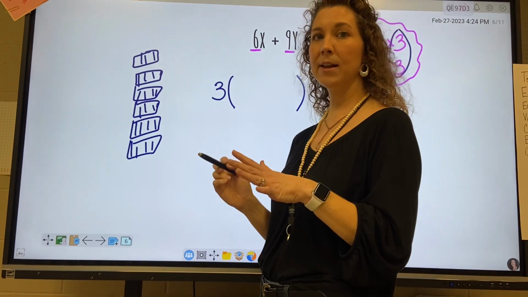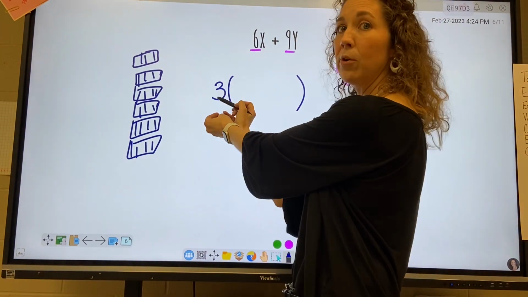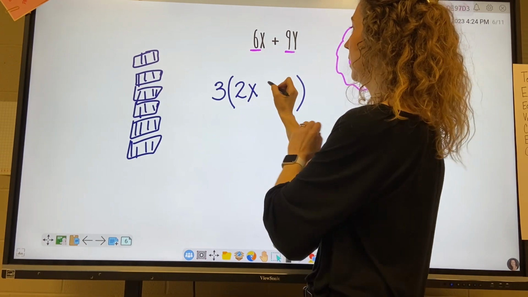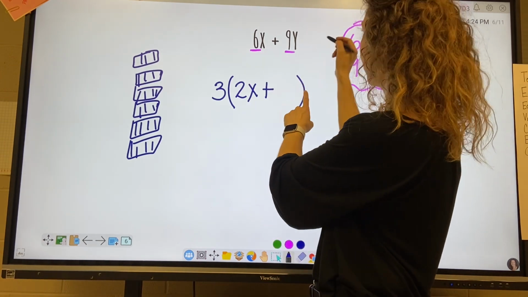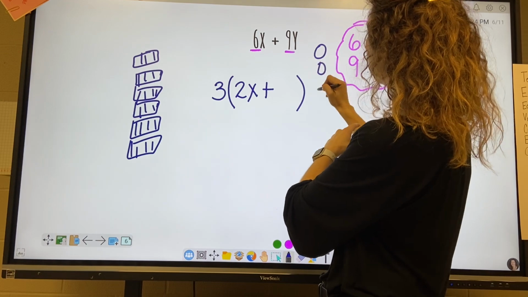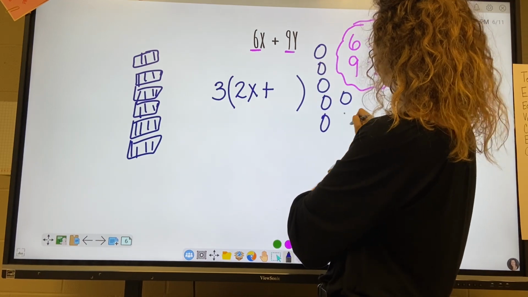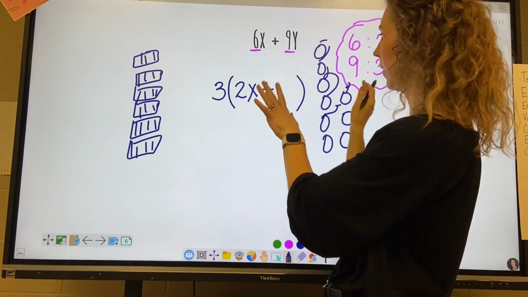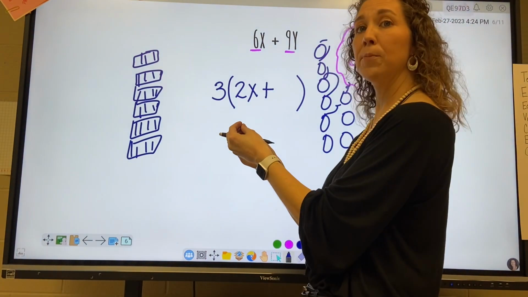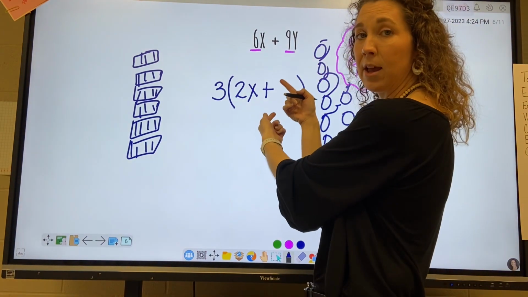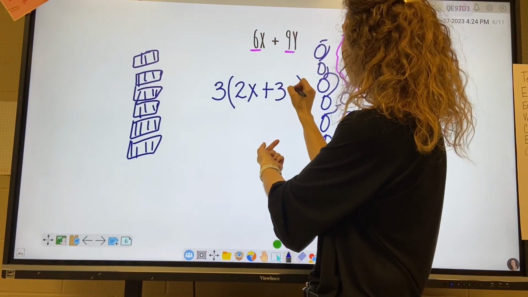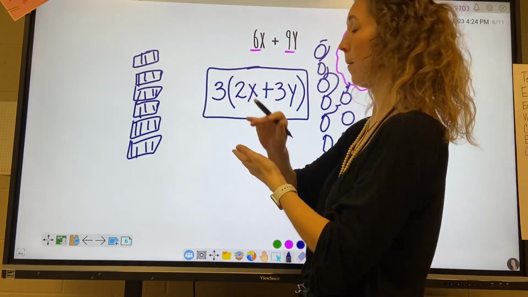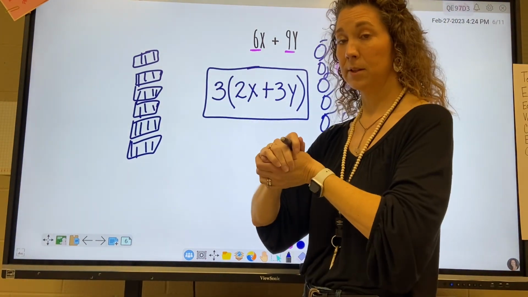If I'm going to make 3 groups, then that means each group is going to have 2 xylophones, plus, if I have 9 yo-yos, 1, 2, 3, 4, 5, 6, 7, 8, 9 yo-yos, the little string. So I've got 3 groups and 9 yo-yos. I can put 3 yo-yos in each group. And that is the distributive property. Let's do another one.